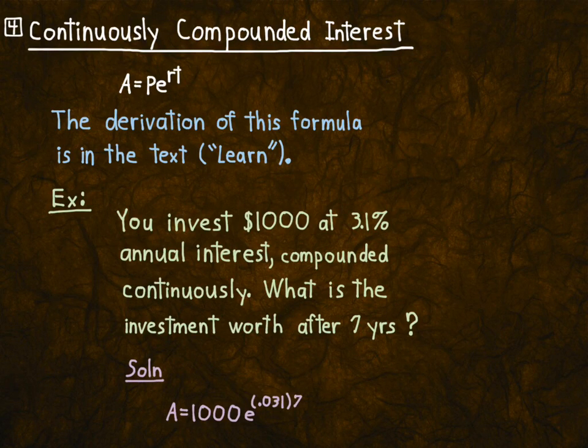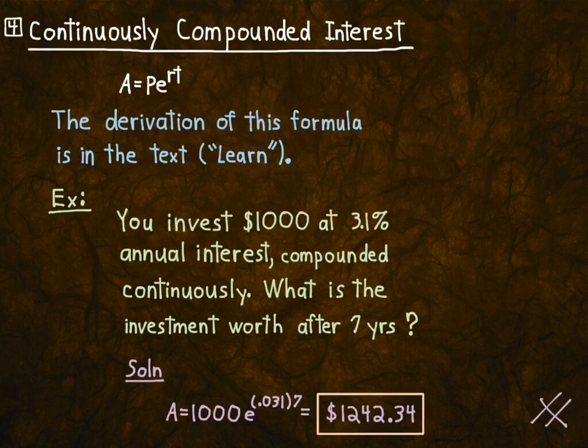A equals 1,000 times e raised to the power of 0.031 times 7. So the interest rate is now in the exponent, and the base is e.